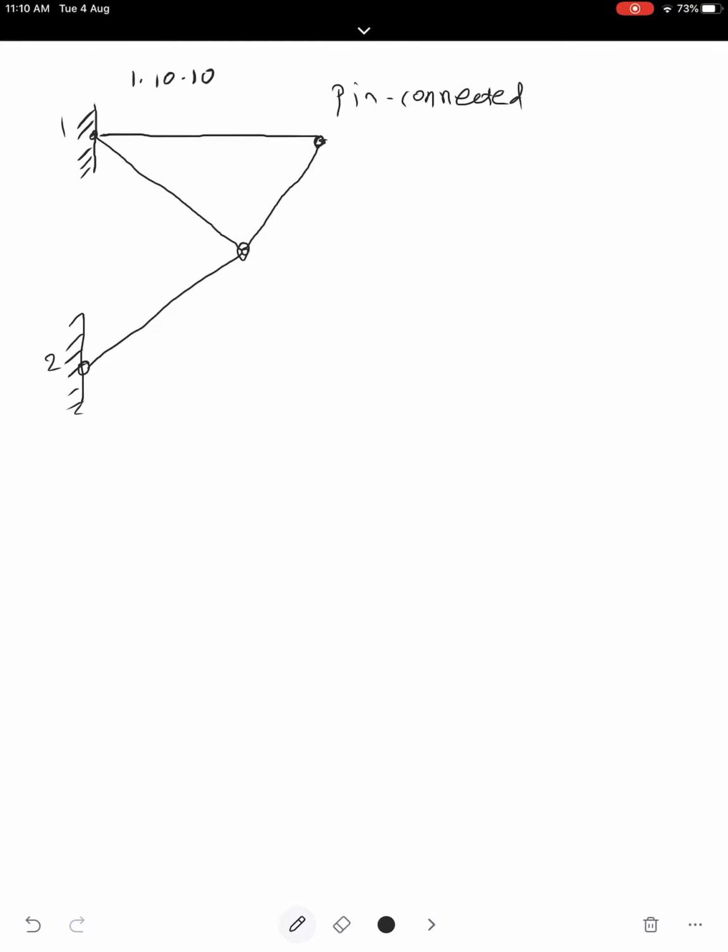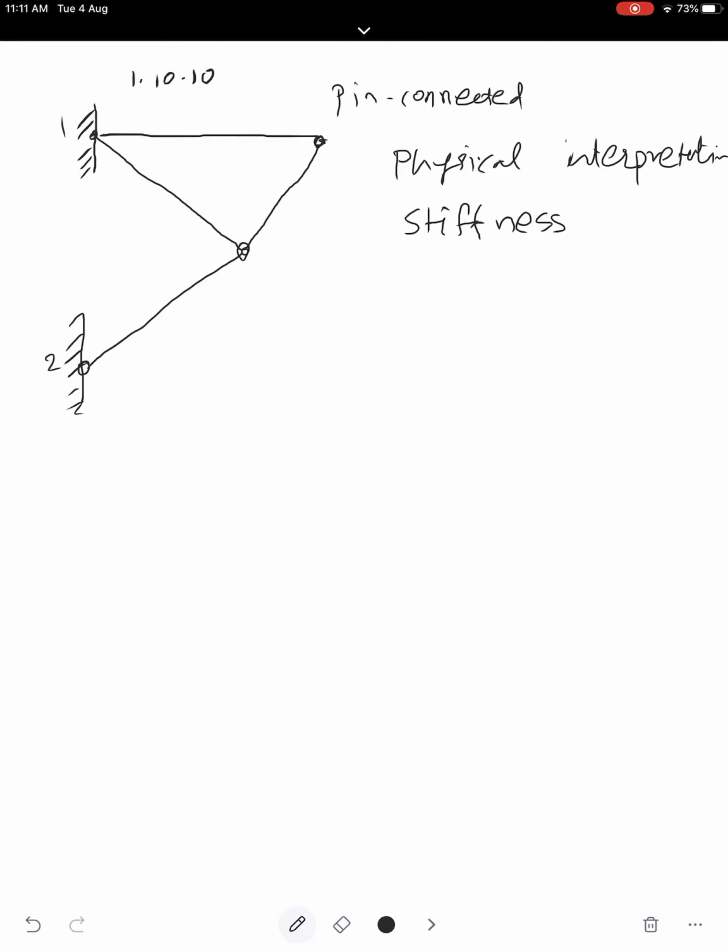Now we want to understand the physical interpretation. What is the meaning of physical interpretation? To understand the physics, or to understand the mechanics, what's going on inside, through the concept of stiffness and flexibility.